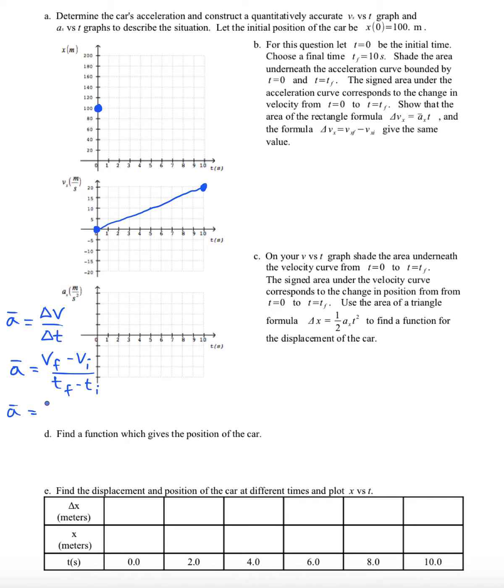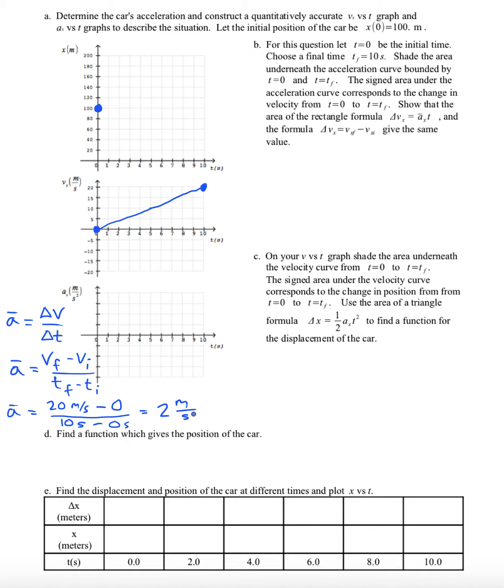Our final velocity is 20 meters per second. We started at 0 meters per second, and it took us 10 seconds. This is an acceleration of 2 meters per second.